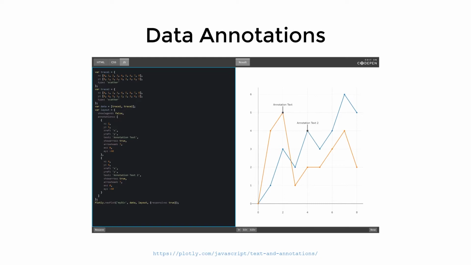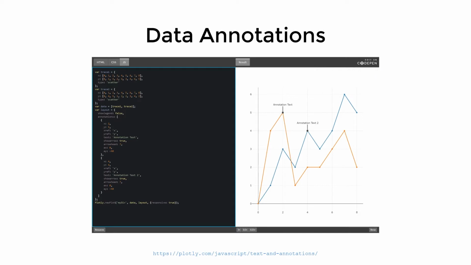The last values that we include are the offset for the annotation based on that data point. So here we are applying an X offset of 0 and a Y offset of -40, which is placing the annotation above the data point.